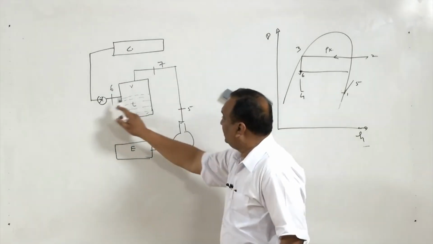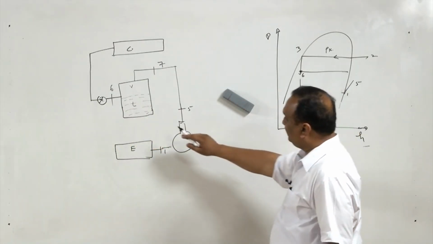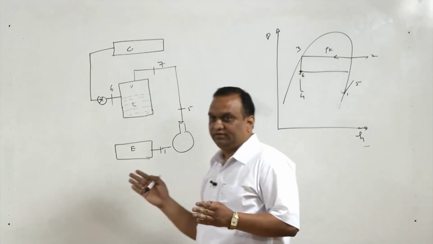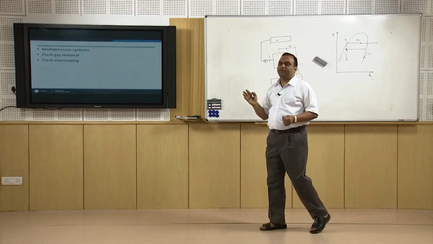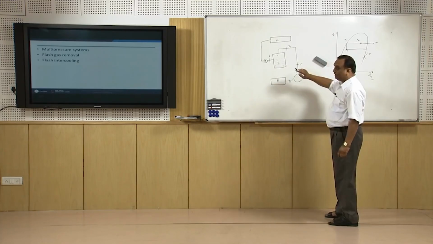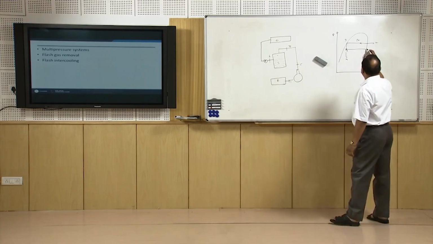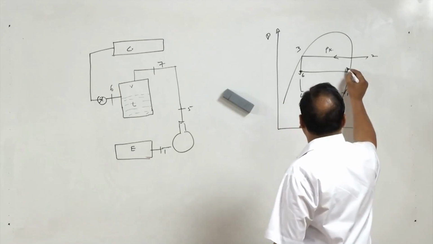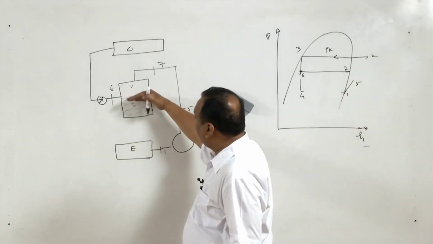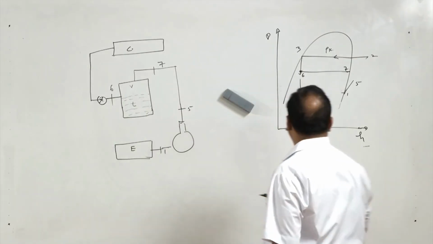After expansion, it is entering the flash chamber. Now, here separation is taking place. Here it is pure liquid and here it is saturated vapor. So, saturated vapor is coming here, that is state 7, and saturated liquid is remaining in the bottom of the flash chamber.